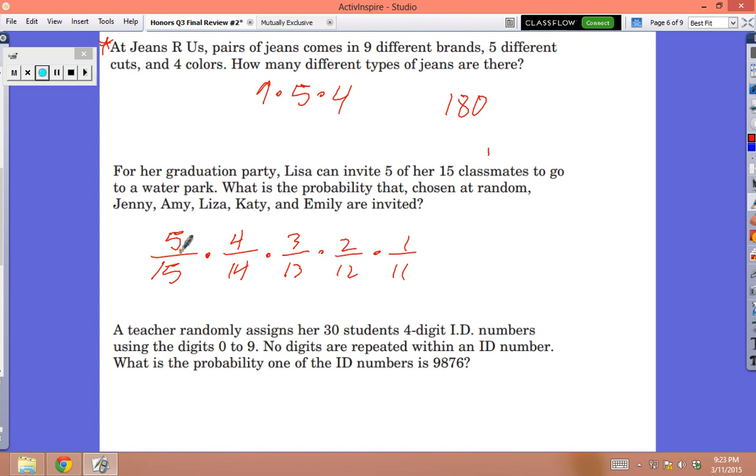And then if I'm going to cross cancel, 5 into 15 is 1/3, and a 3 is going to cancel that 3. This 4 cancels that 12, turns it into a 3. This 2 cancels this 14, turns it into a 7. So on top, the chances are 1 out of 7 times 13 times 3 times 11.